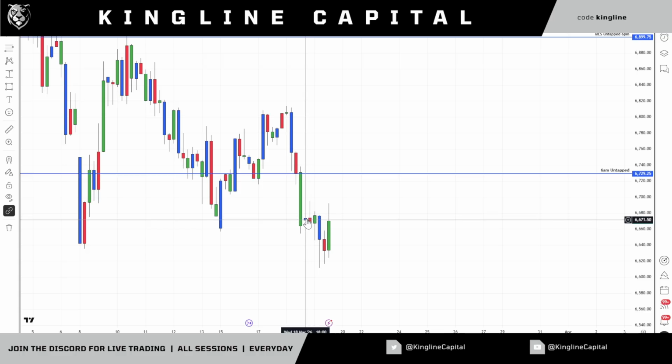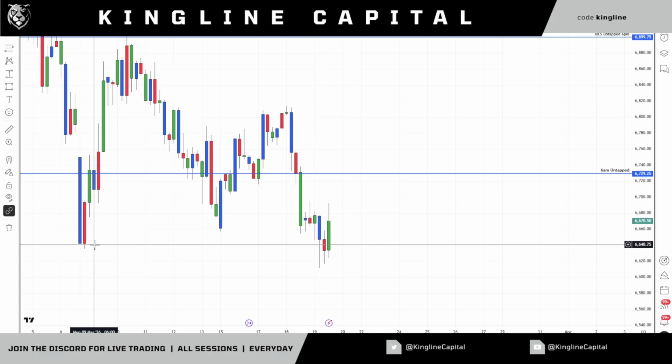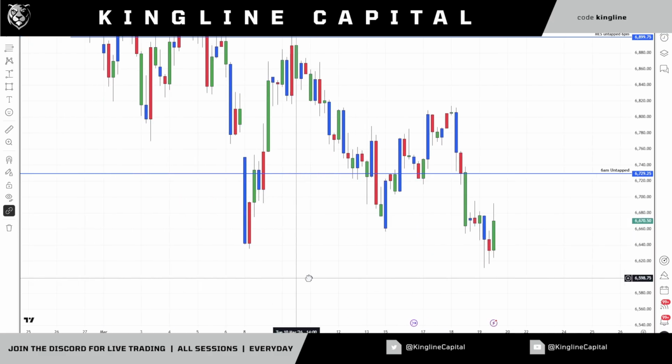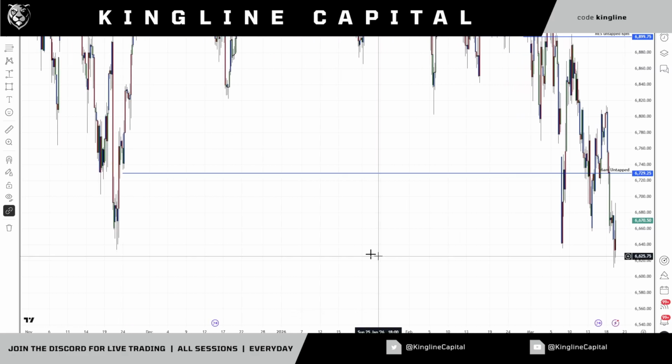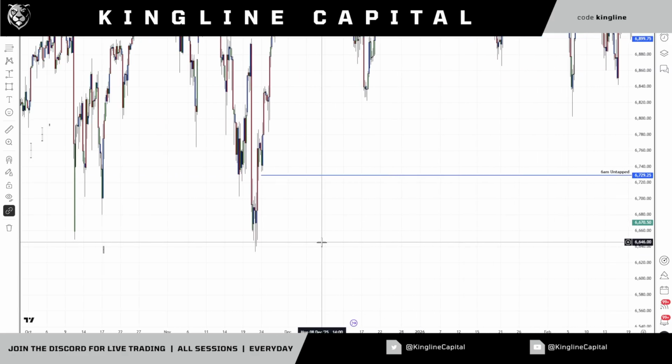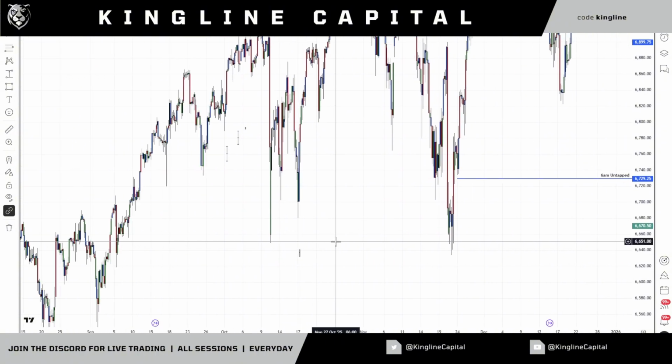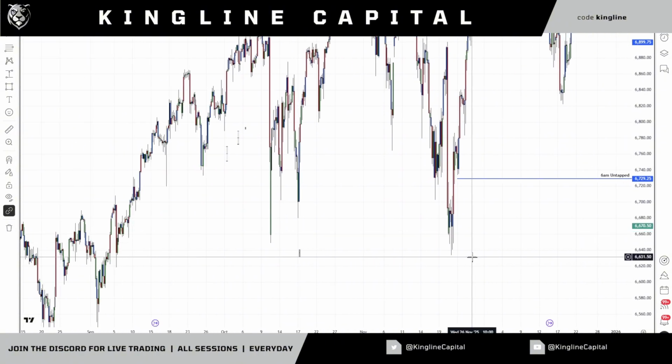So it opens above this level. Look for some sort of reversal. You have the fair value gap rejection and short to this. And there might even be something way back here that wasn't hit.